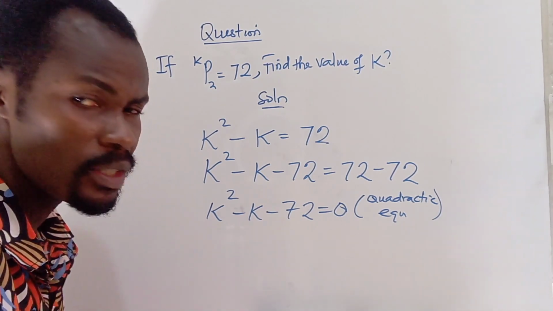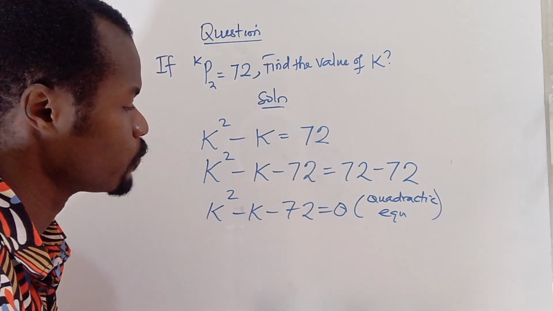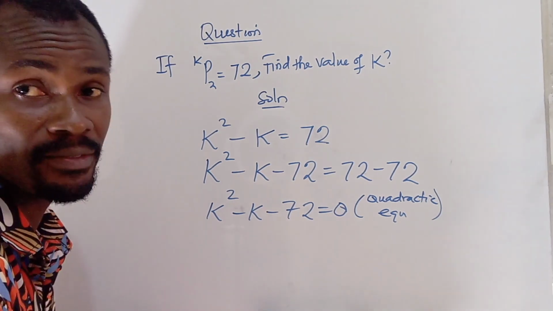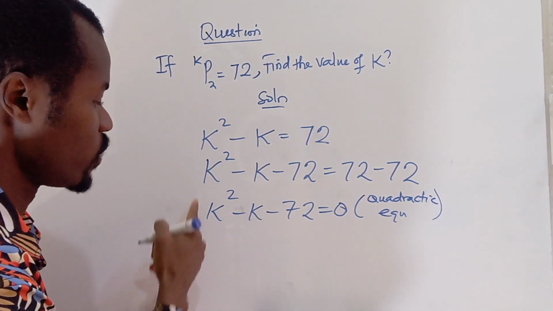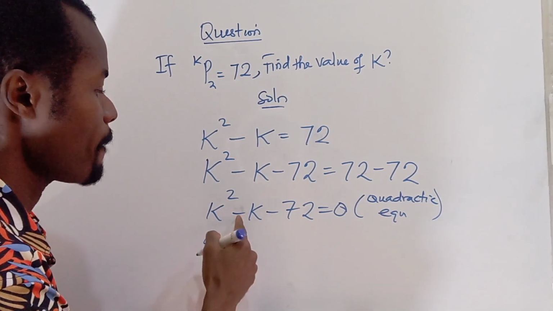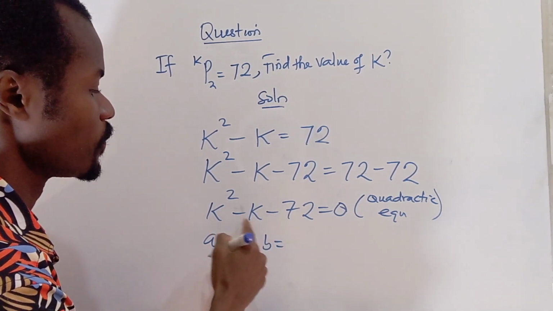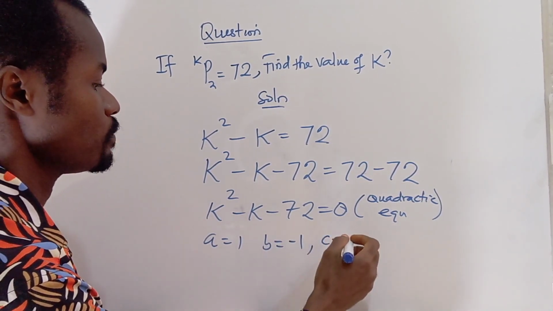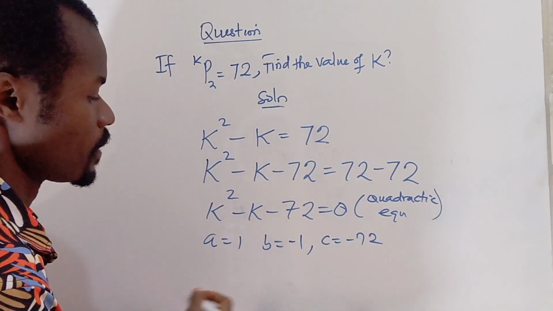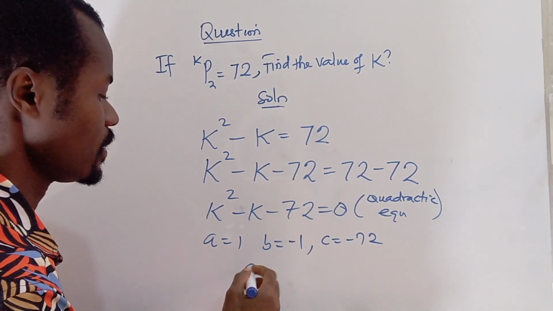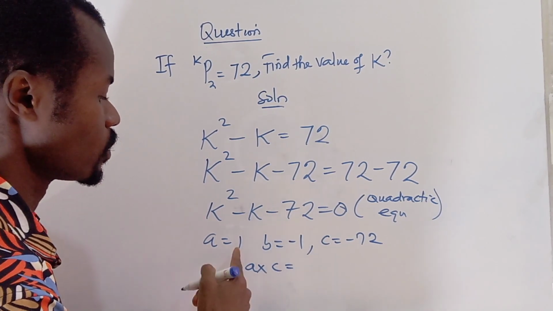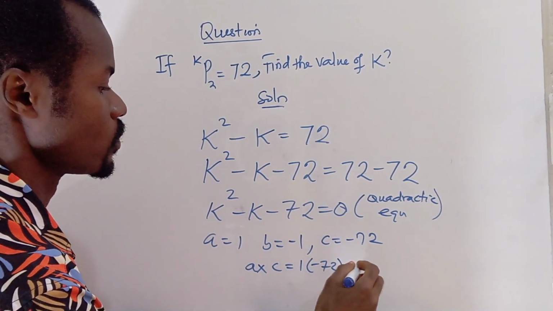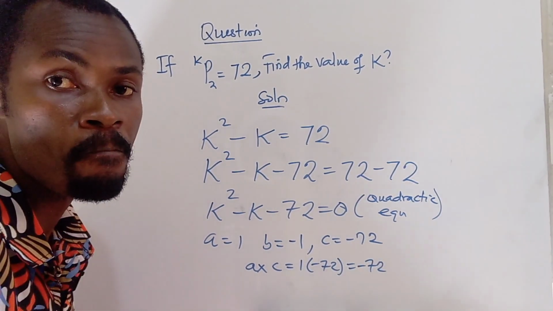For the factorization method, let's bring out the values of a, b, c. a is the coefficient here, so a is 1. b is the coefficient of k here, which is minus 1. And c is minus 72. Next, you want to multiply a times c, so 1 times minus 72 is equal to minus 72.